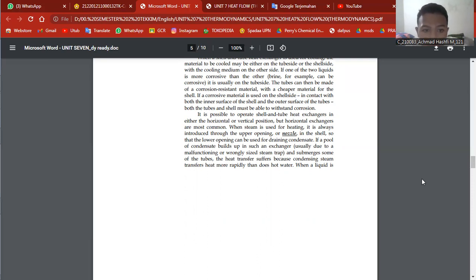If a pool of condensate builds up in such an exchanger, usually due to a malfunctioning or wrongly sized steam trap, and submerges some of the tubes, the heat transfer suffers because condensing steam transfers heat more rapidly than does hot water.